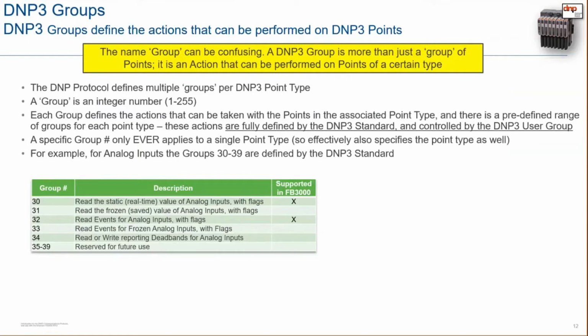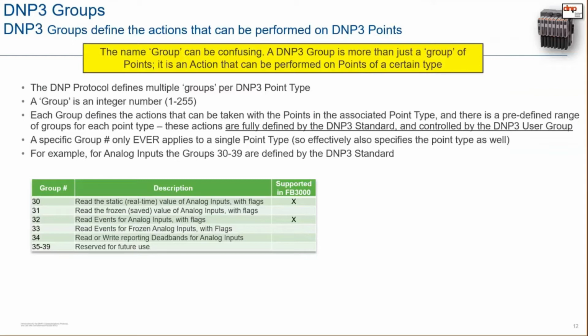So let's say I wanted to read the static real-time value of an analog input. I use group 30, and that will give me the analog input value with some quality flags. Similarly, group 32 will read all the events for the point with the flags. You'll also notice that I've put a little X there showing which ones are supported in the FB3000.